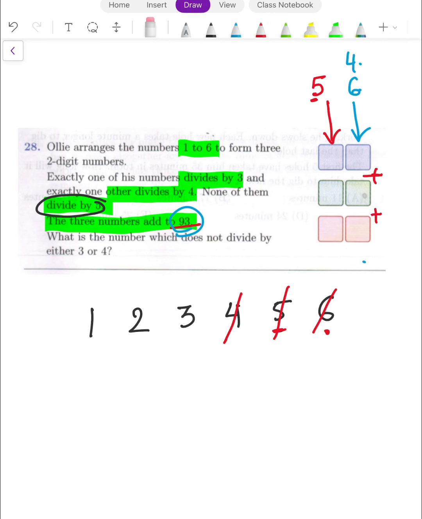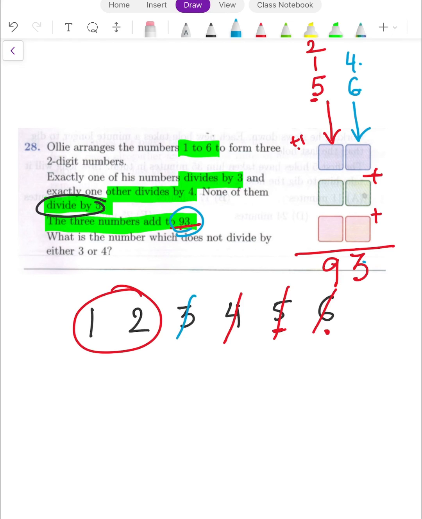Because there will be an exchange of 1 here, we have to finally get a total of 8, and plus 1 will make it 93. So we already have a 5, and we need 3 more. There is only one possibility to get 3 more: 2 and 1. So the options for the tens column are 5, 1, and 2, and of course the 3 will have to go in this column now.